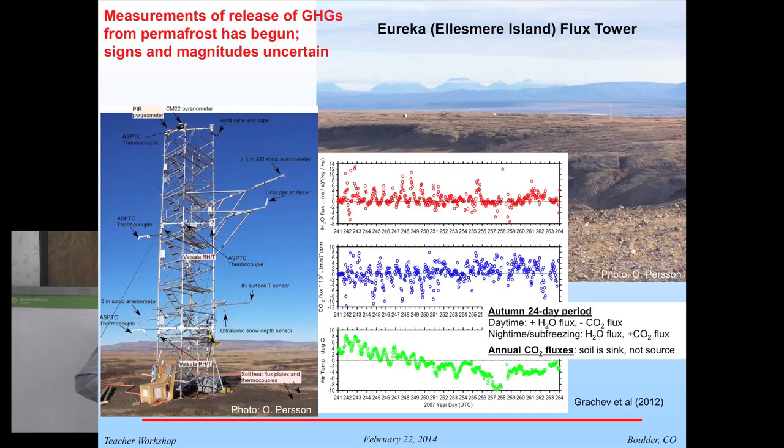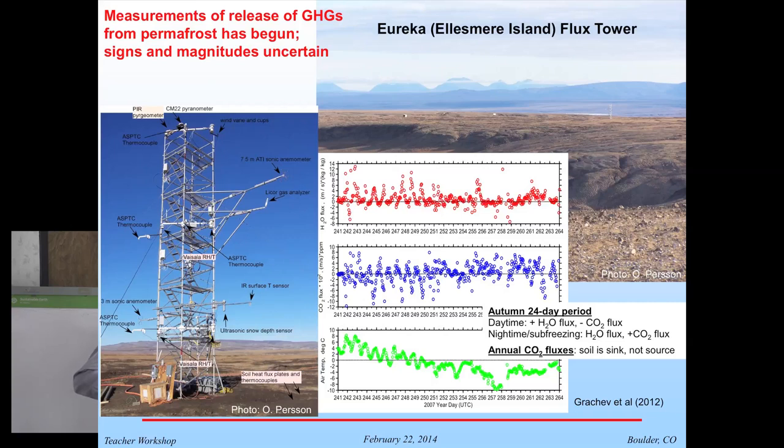And we see that during daytime, there's upward moisture flux and downward carbon dioxide flux. So soil is a sink for the carbon dioxide in the atmosphere, while at nighttime, the soil seems to be a source for the carbon dioxide. So it's coming out of the soil at night. When the temperature then goes below freezing, so the biological activity decreases substantially, now the carbon dioxide is almost entirely coming out of the soil.